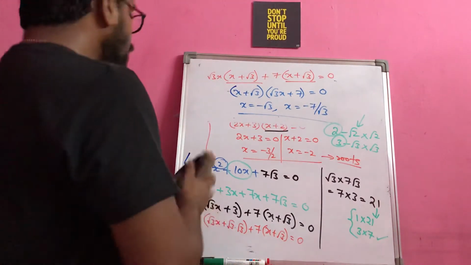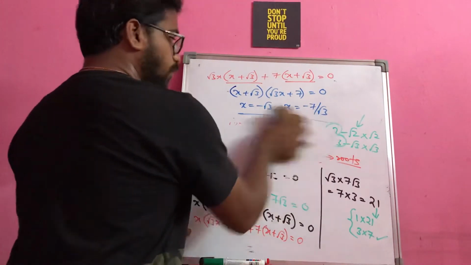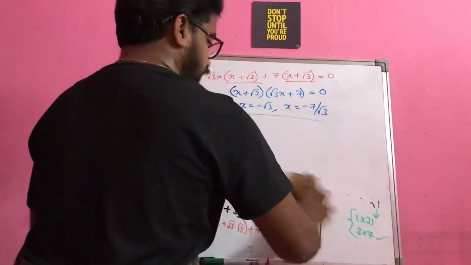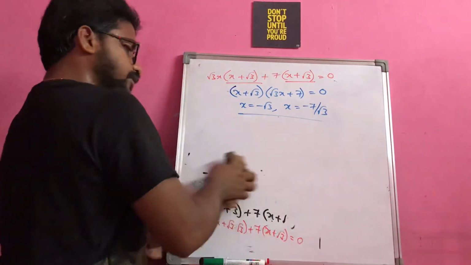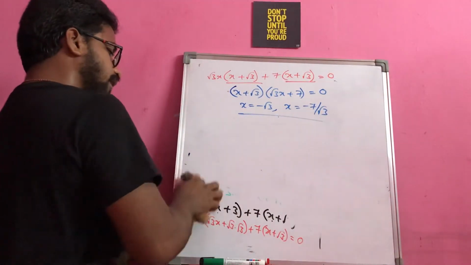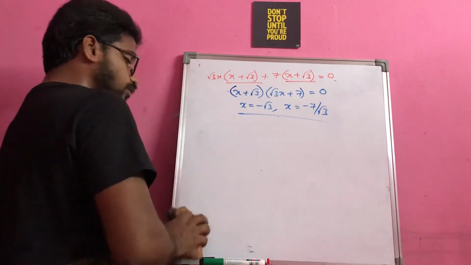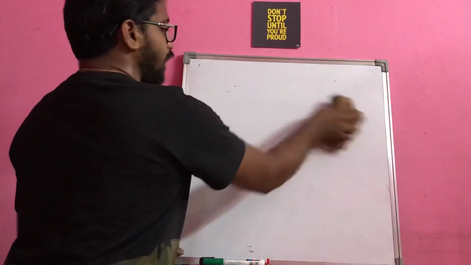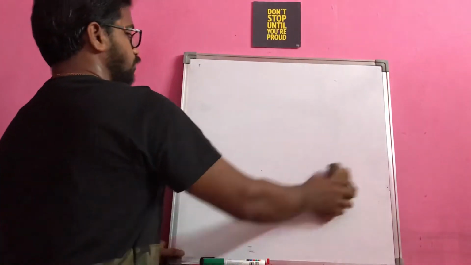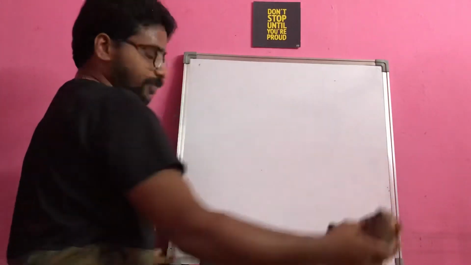Now let us do a few more word problems based on this factorization method. But actually in the examination, unless they specify a particular method, you can follow any of the approaches we have to find a solution for a given quadratic equation.